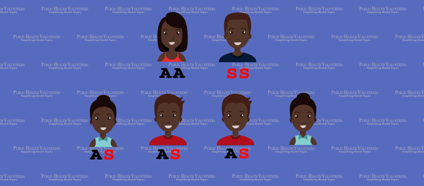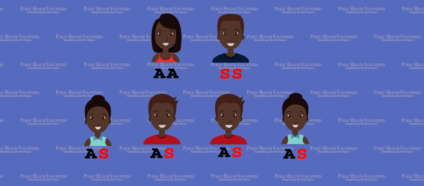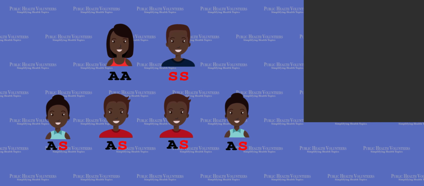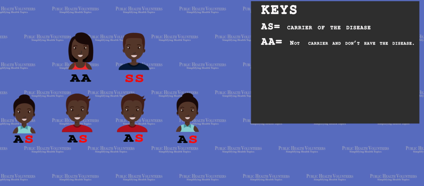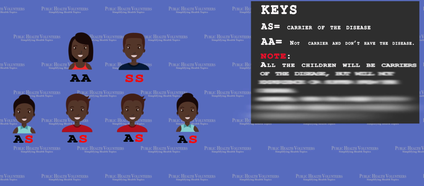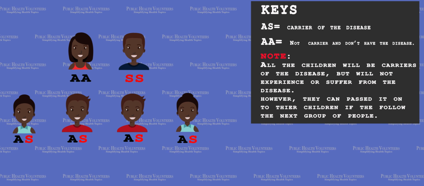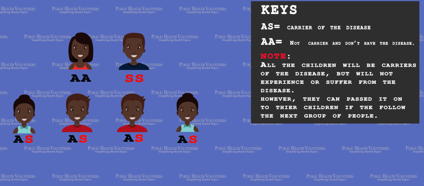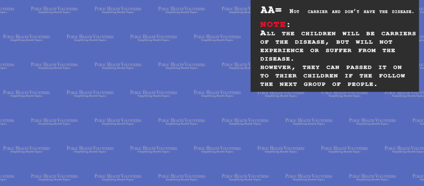So if AA and SS decided to start a family or have a child together, 100% of their children are going to be carriers of the disease, but will not suffer from the disease or have any sickle cell crisis. And the plus side of this is your child will be immune to malaria, or will not suffer from malaria infection like those who are AA and SS.